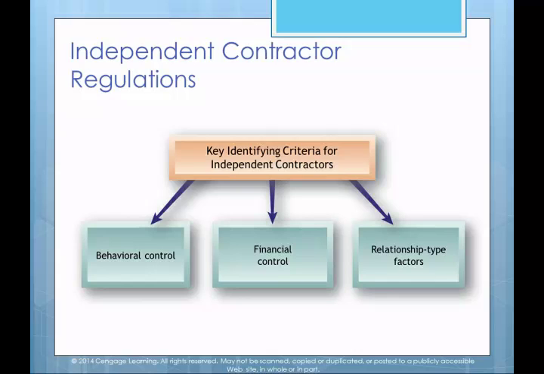And whether or not the business reimburses travel expenses, and the extent to which the workers can realize a profit and loss. So I usually ask for profit and loss statements, their LLC or their sole proprietorship, and a list of other companies they do work for.